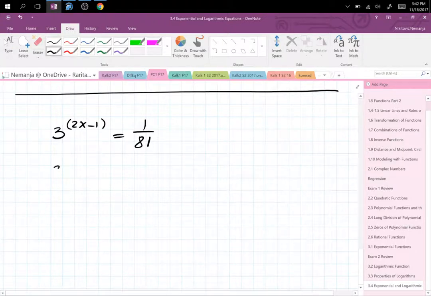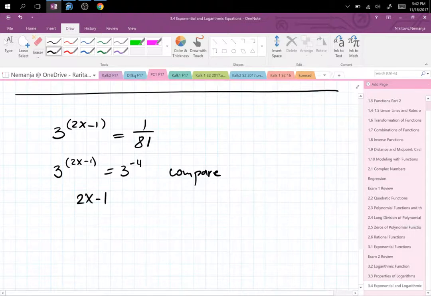So 3 to the 2x minus 1 is equal to 3 to the minus 4. And now we compare. We get 2x minus 1 is equal to negative 4. And now you have a very simple equation that you can solve for x.